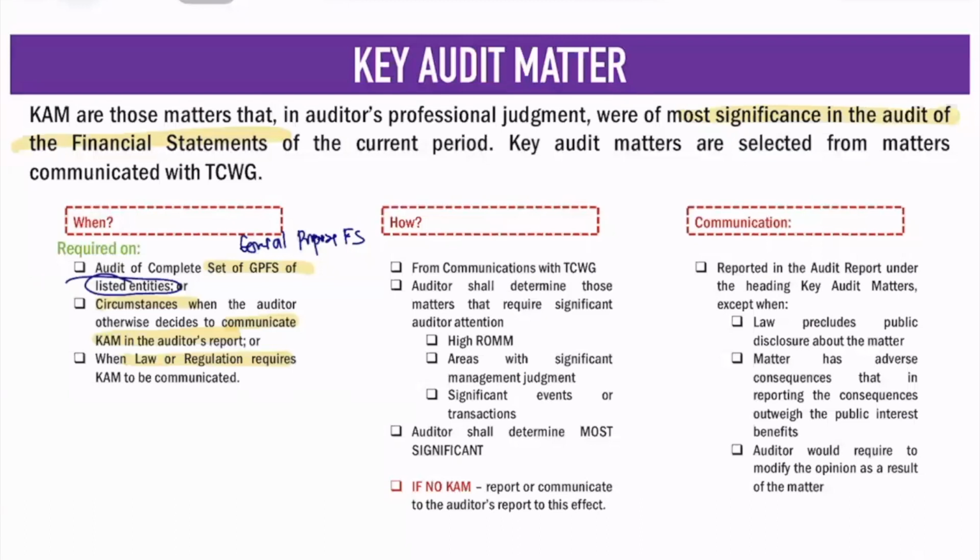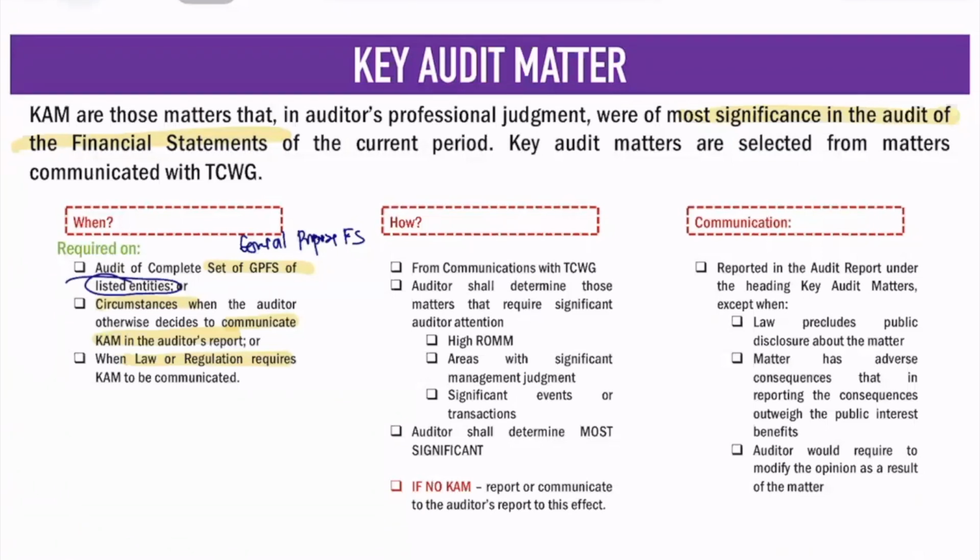If it is listed entity and you audit the whole general purpose financial statement, and if ever you decide based on your judgment to communicate a key audit matter, or the law or regulation requires that the key audit matter must be communicated. Let's say, for example, you are auditing a bank, and in the audit of your bank, normally you look into the expected credit loss.